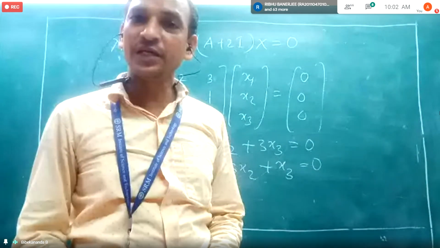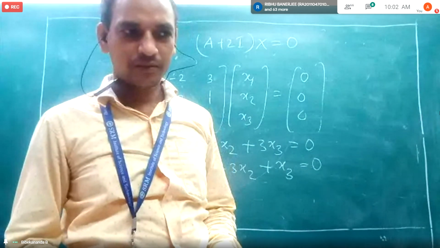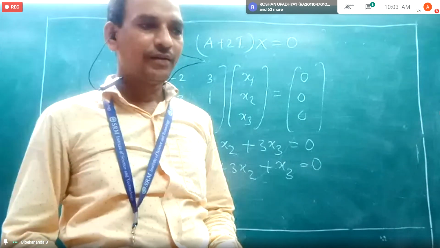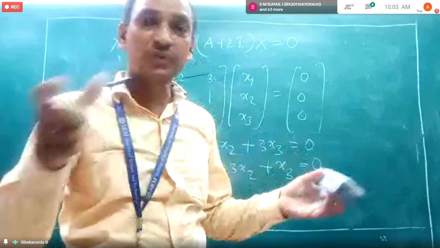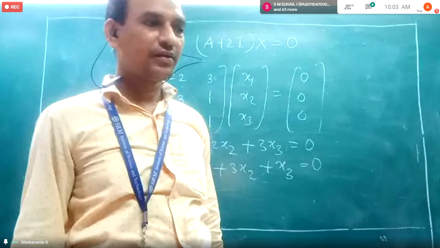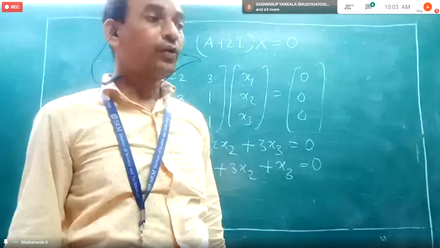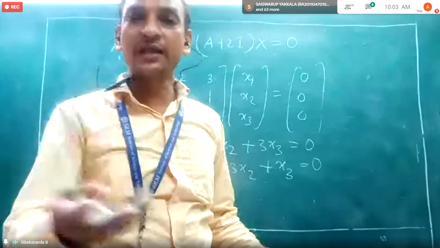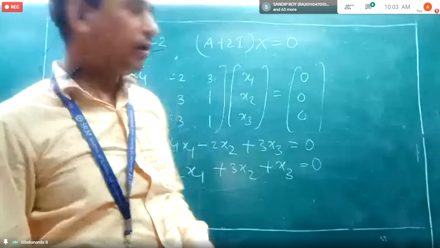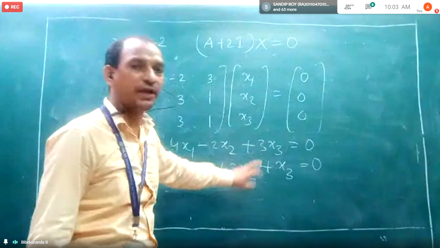Can we have the unique solution? No, sir. Like before, we had a unique solution, but now we will have infinitely many solutions because one of the variables is a free variable.